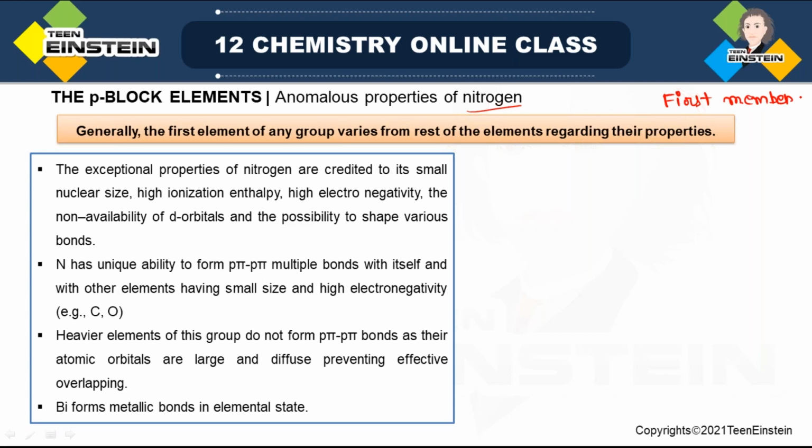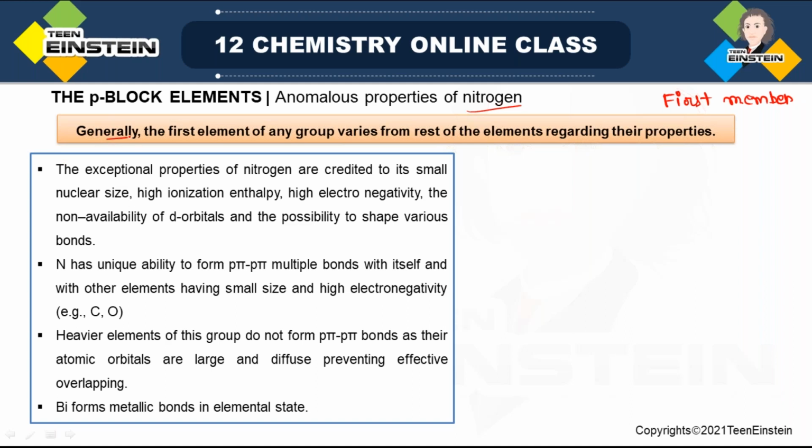So the first member always behaves differently compared to the other members. And why is it so? There are some common reasons for that which we have already mentioned before starting group 15. But now we will see individually what the anomalous properties are for the first member. And the first member for group 15 is nitrogen.